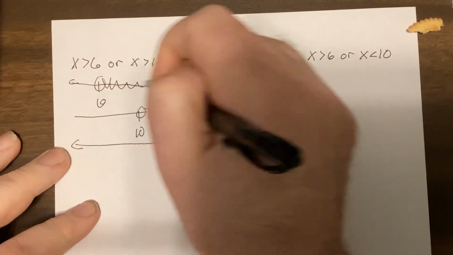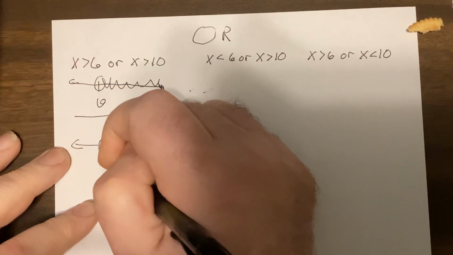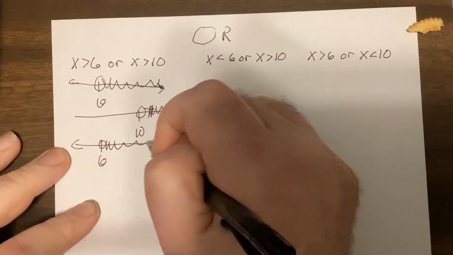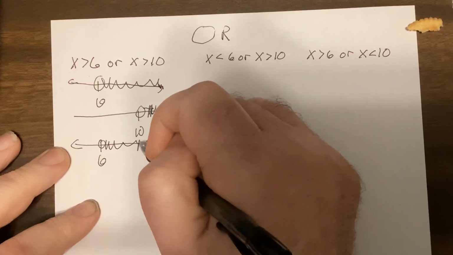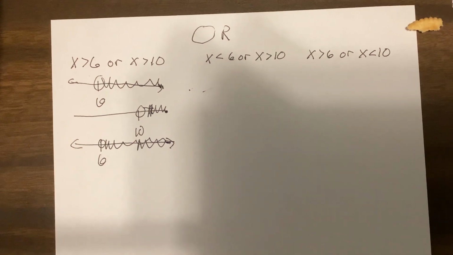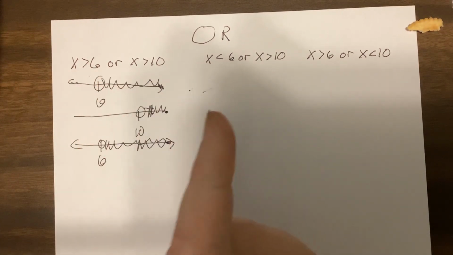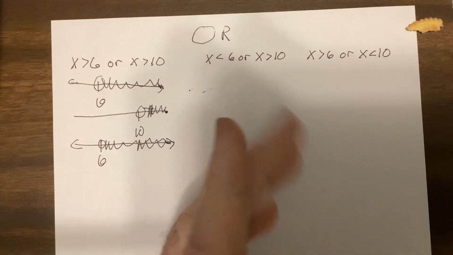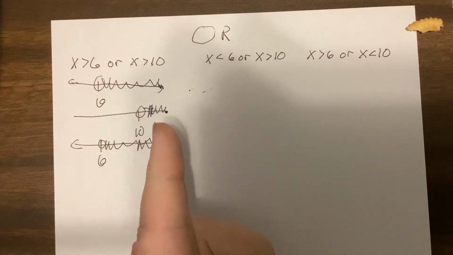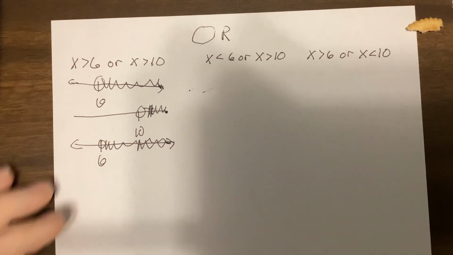So, there's shading here, bring it down. Shading here, bring it down. Well, it's already there. So, when they're going in the same direction, it's the longer one. So, in this case, greater than 6 is longer than greater than 10.